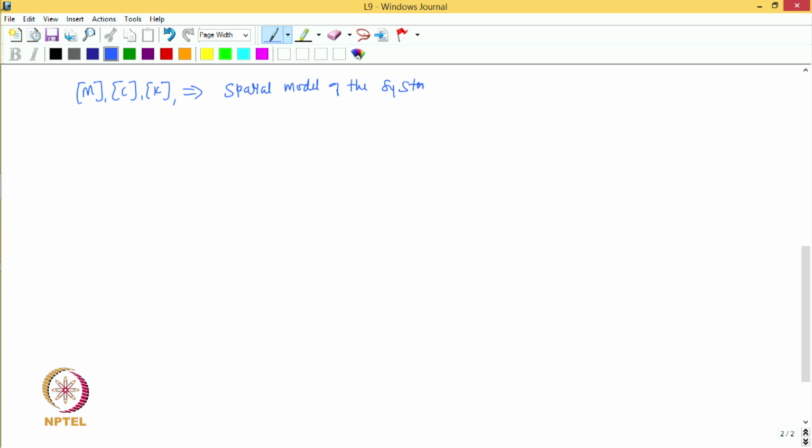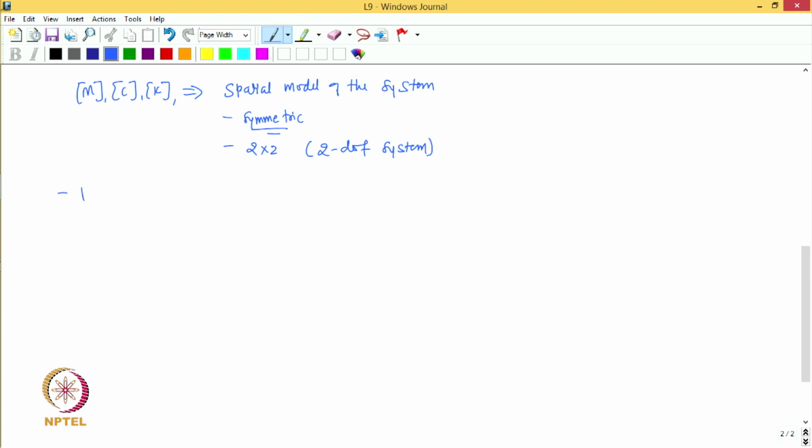So this system with viscous damping is represented by mass, damping and stiffness matrices, and we note that they are symmetric because of the principle of reciprocity, and currently they are of order 2 by 2 because we have considered a 2 DOF system.